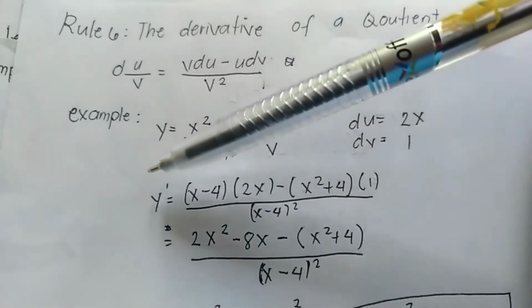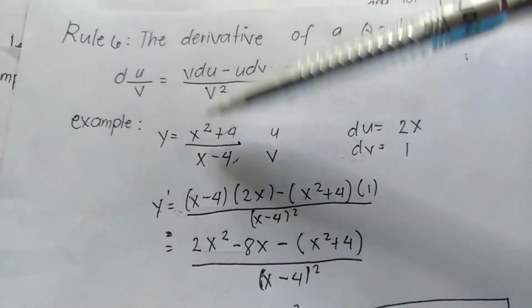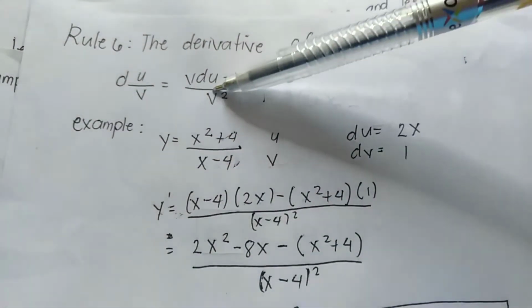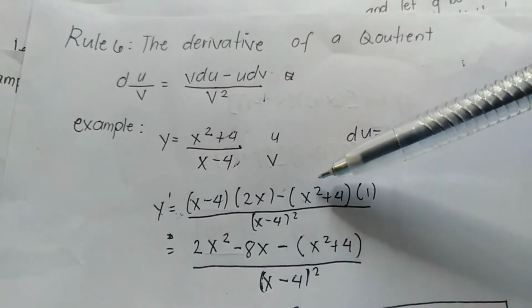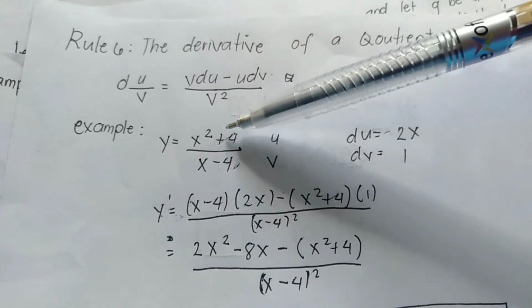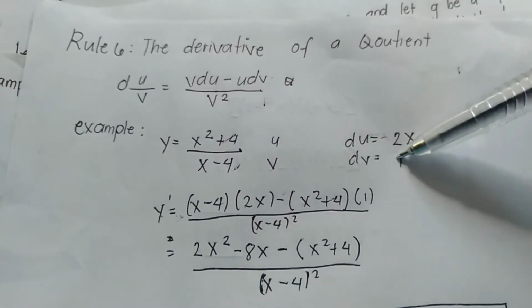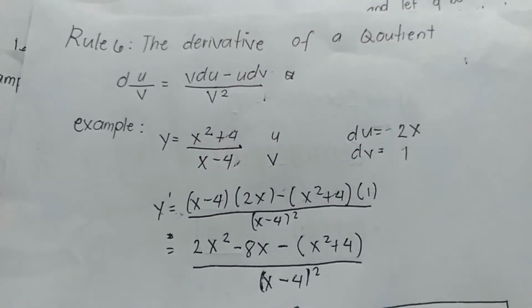The derivative of u over v is equal to v, our v is x minus 4, times the derivative of u, 2x, minus u, our u is x squared plus 4, times the derivative of v, which is 1, over x minus 4 squared.